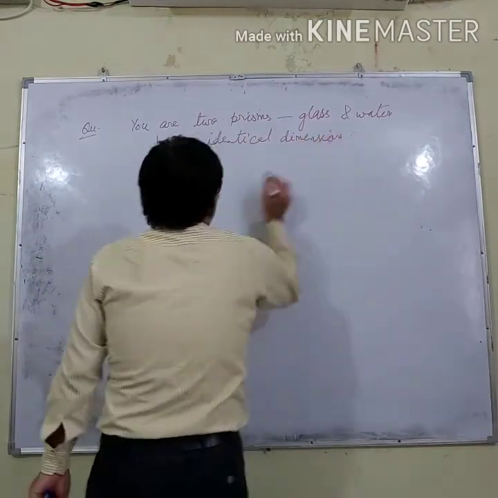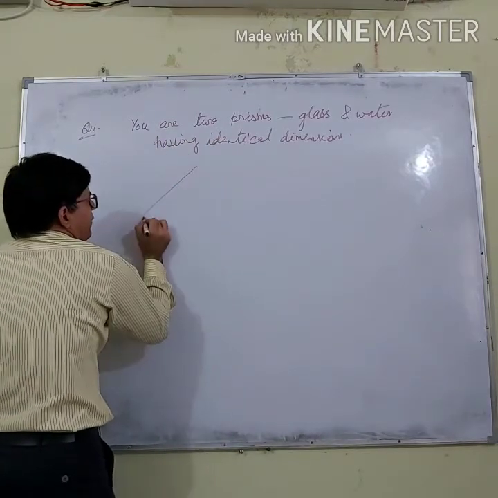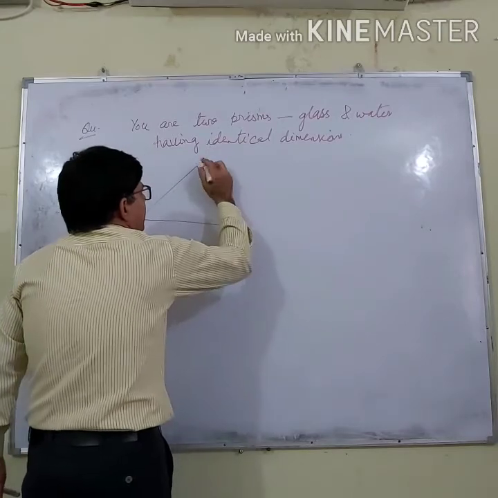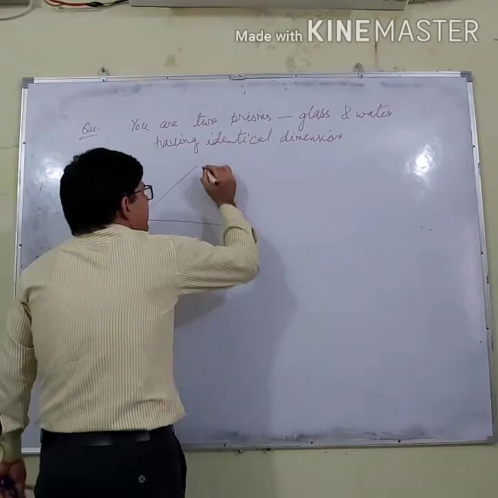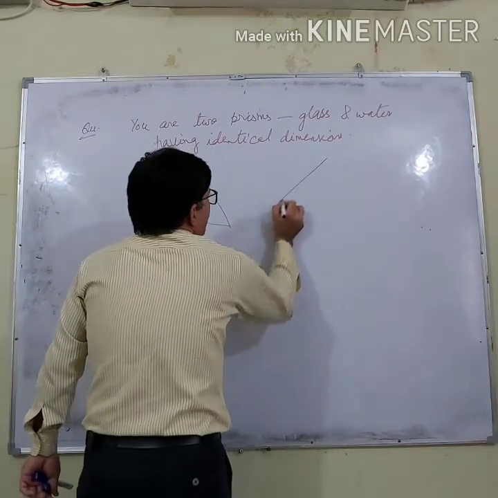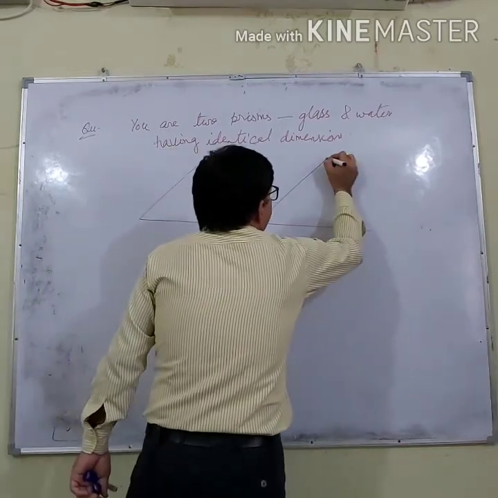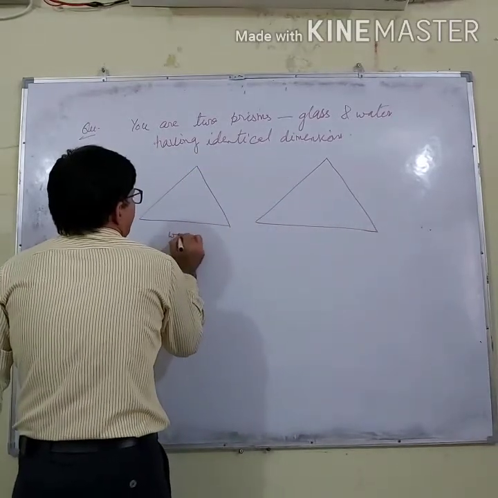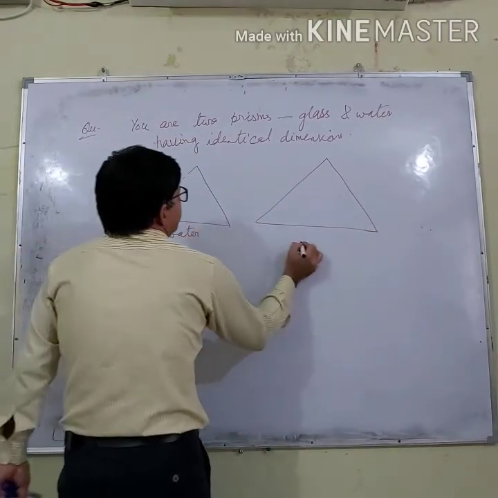Identical dimensions means, let us say this one is of water, then I am having an identical glass prism which has the same angle of prism. If this is water, let us say this is glass.